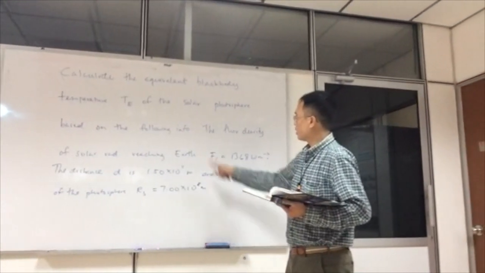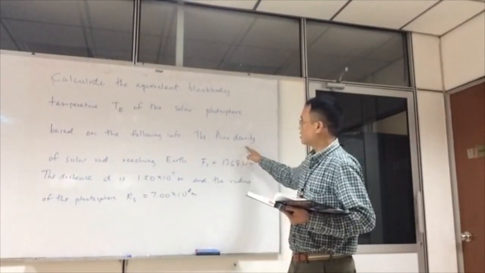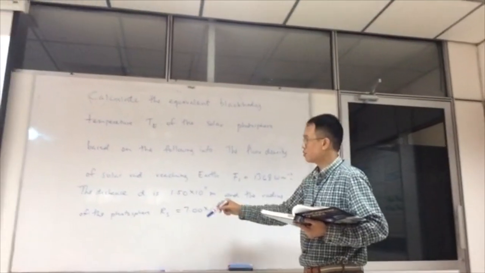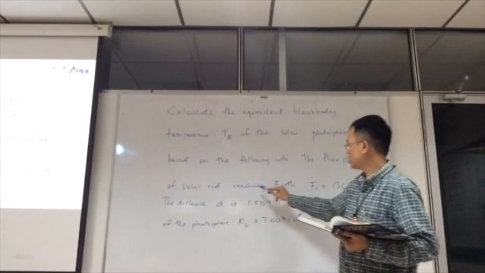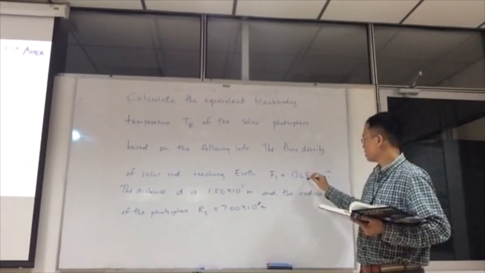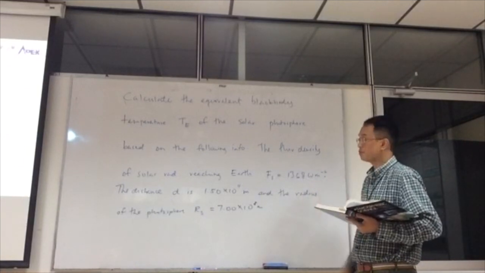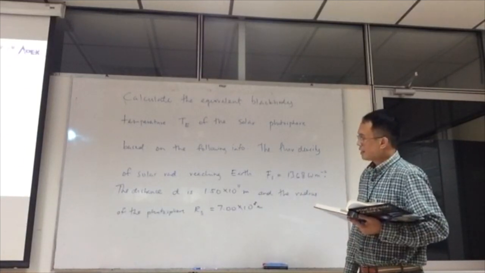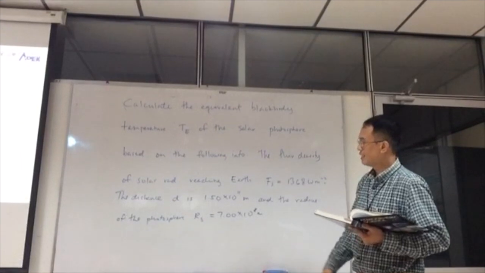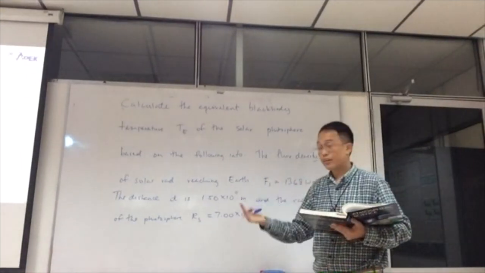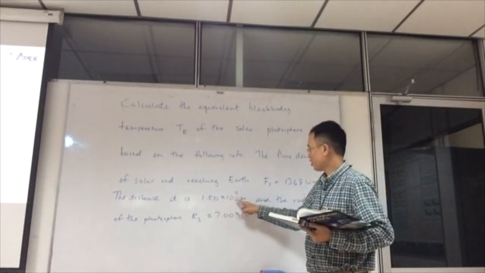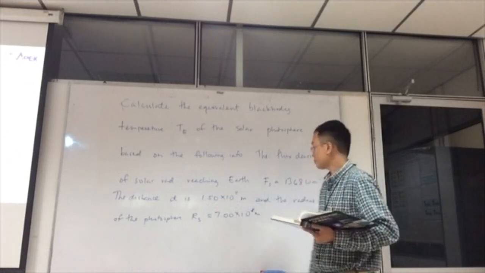Based on the following information, the flux density, or F, of solar radiation that reaches Earth is 1368 watt per meter square. Notice the unit, watt per meter square. The distance d between the Sun and the Earth is 1.5 times 10 to the power of 11 meters.